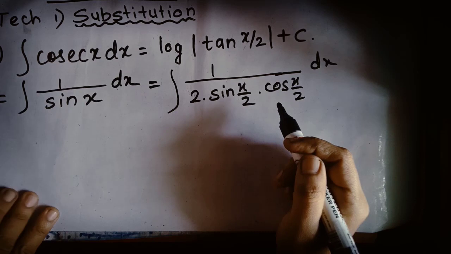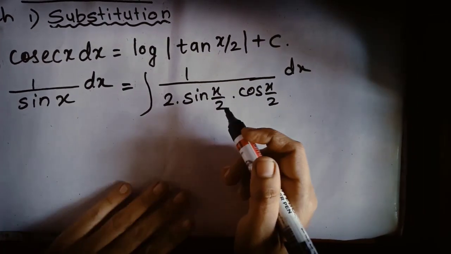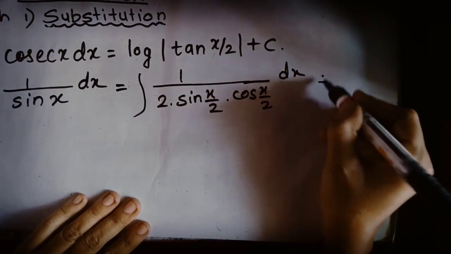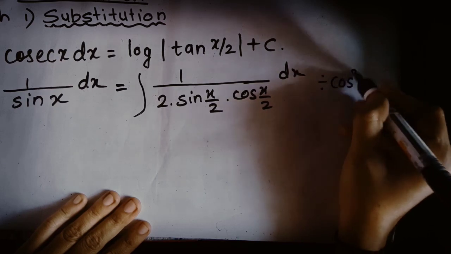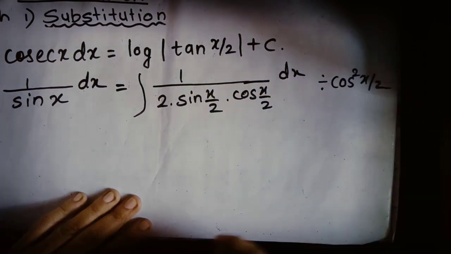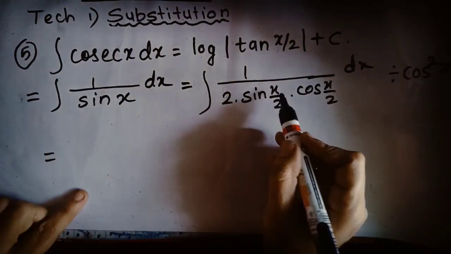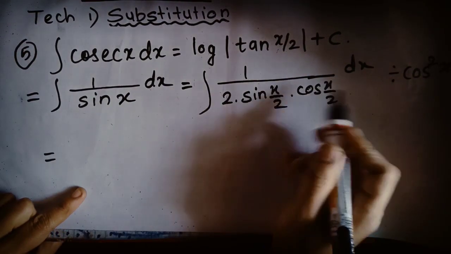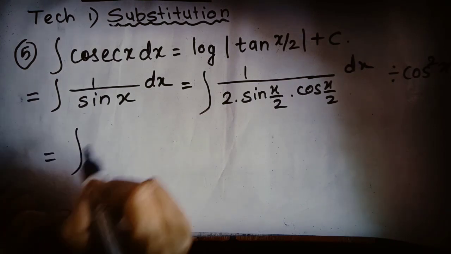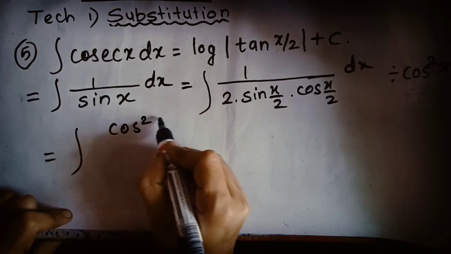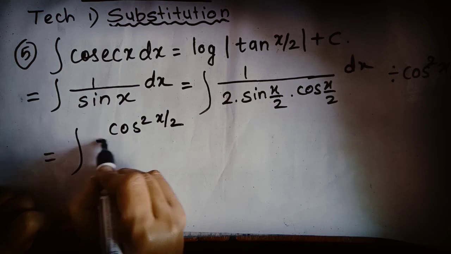Now you have to divide numerator and denominator by cos square x by 2.